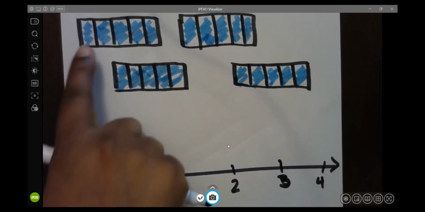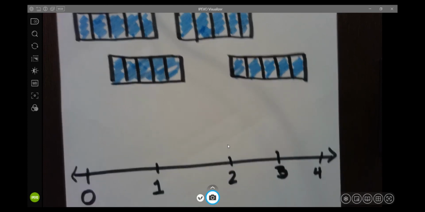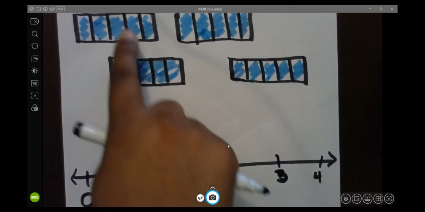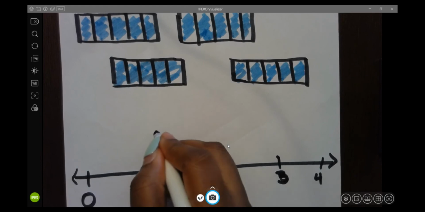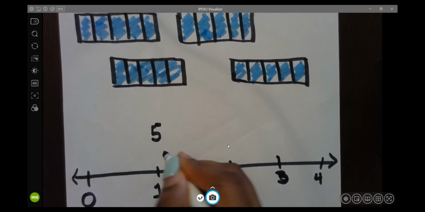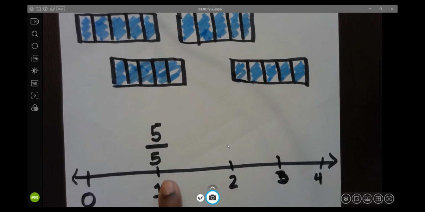How many pieces are each one of these wholes broken up into? 5. So we're going to skip count by 5s. Starting with 1 whole is 5 shaded over 5. Let's continue to skip count by 5s.